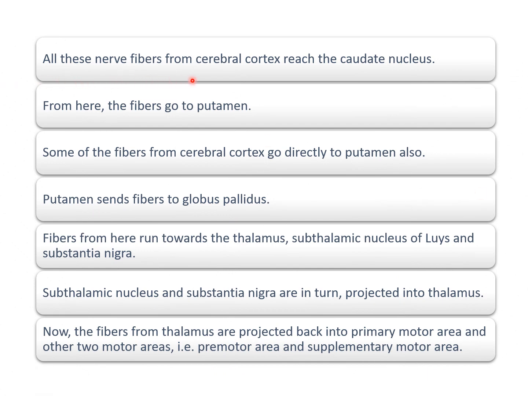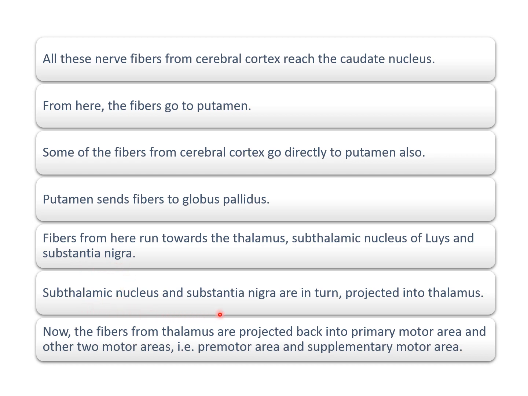All these nerve fibers from the cerebral cortex reach the caudate nucleus, and from the caudate nucleus the fibers go to the putamen. Some of the fibers from the cerebral cortex go directly to the putamen also, and the putamen sends fibers to the globus pallidus. Fibers from the globus pallidus run towards the thalamus, subthalamic nucleus of Luys and substantia nigra.